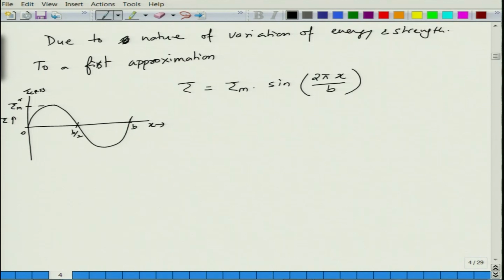Okay. So, as a first approximation, the stress can be written as tau is equal to tau m into sine of 2 pi x divided by b. Now, let us say the deformation is not large.